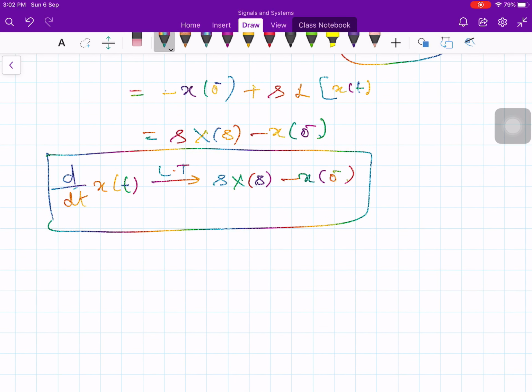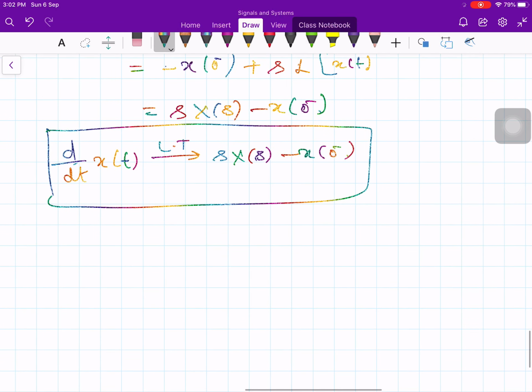Now this relation assumes that x of t is equal to 0 for t less than 0 minus. That means when we take the derivative of the function of time, we take into account the variation of x of t from 0 minus onwards.